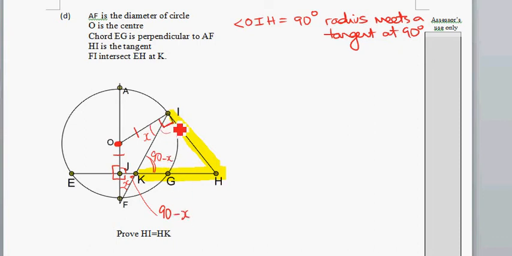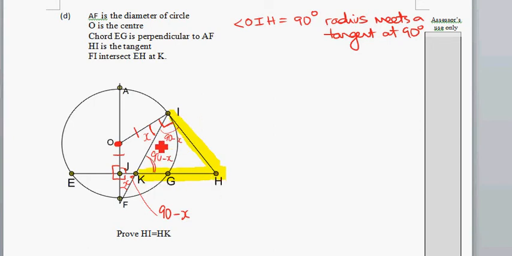We have a right angle here, so it's 90 degrees. This much of it is x, so this bit in here must be 90 minus x as well. And now we've proved both those angles are the same, which means these two sides are the same. That's enough to prove it's either isosceles or equilateral, and either way both those sides will be the same.